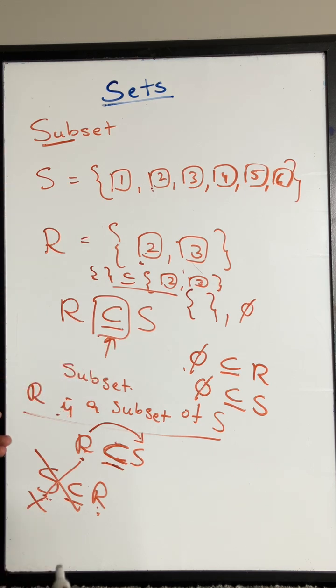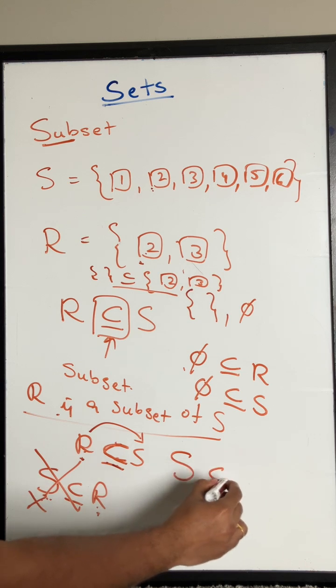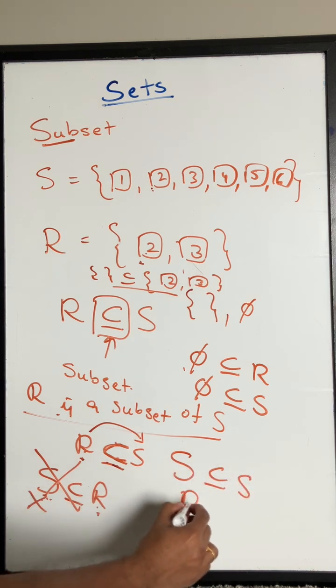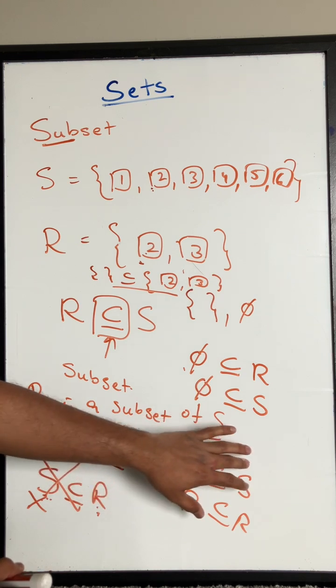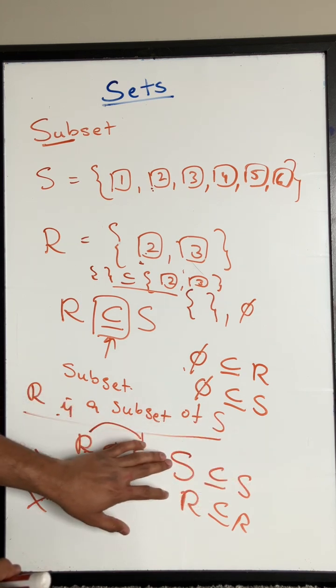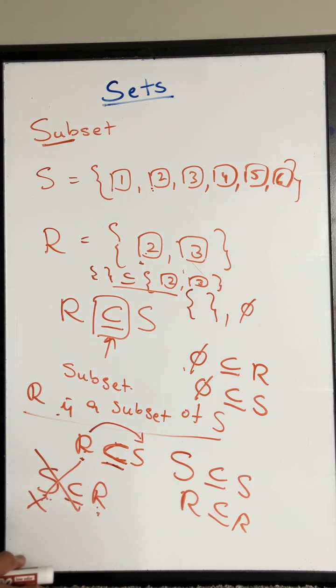And there is one other statement: every set is a subset of itself. What does it mean exactly? It is nothing but S is a subset of S, R is a subset of R. Every set is a subset of its own set. Every element in S should be present in S. The statement itself is true, right?